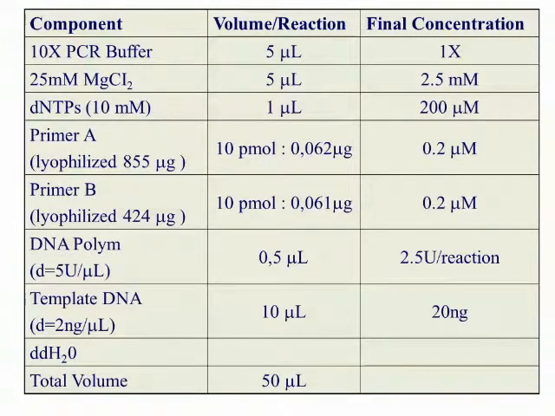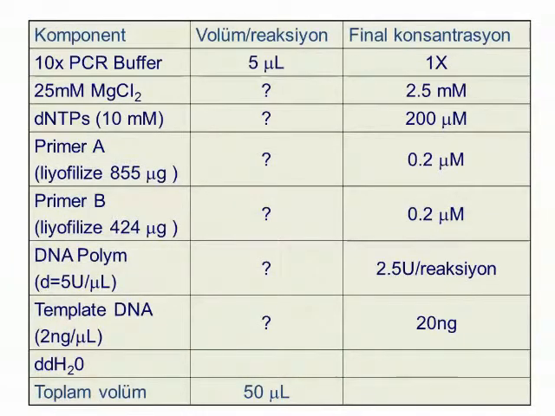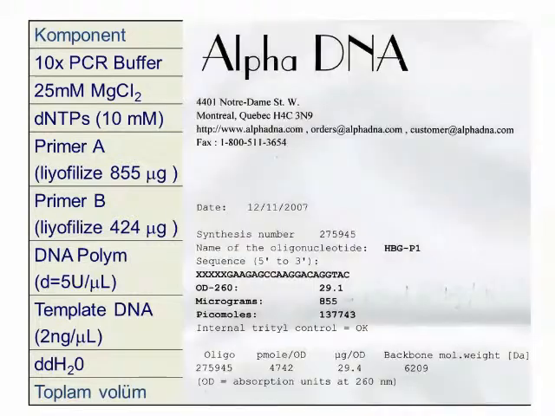So again, we know the final molarity, 0.2, and we don't know how much we should take, but we know our volume, 50 microliters, and the equation comes up with 10 picomole. But how much does this 10 picomole make? We need to know also the molecular weight of our primer, and this we can find in the inserts of our primers.